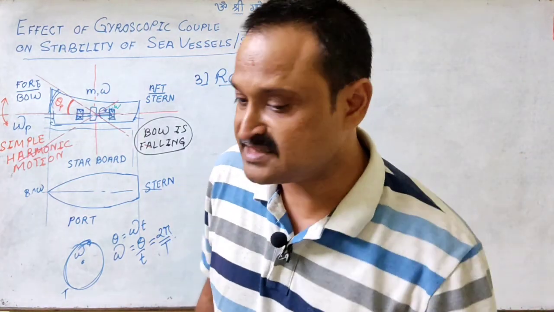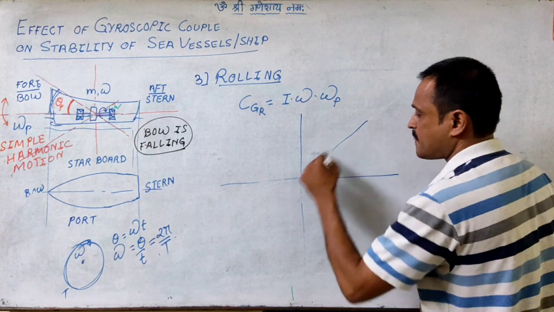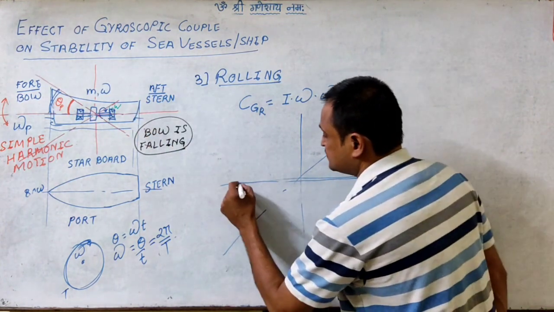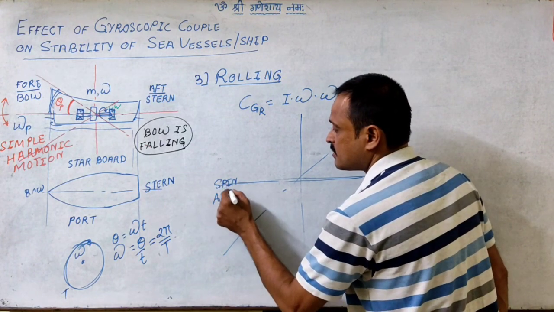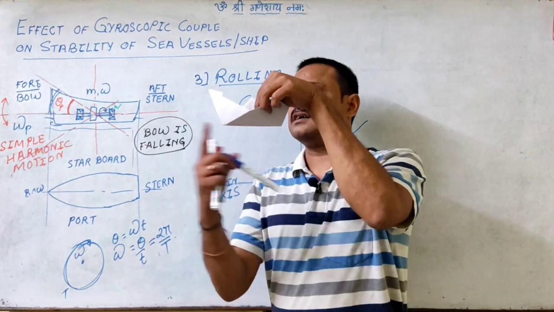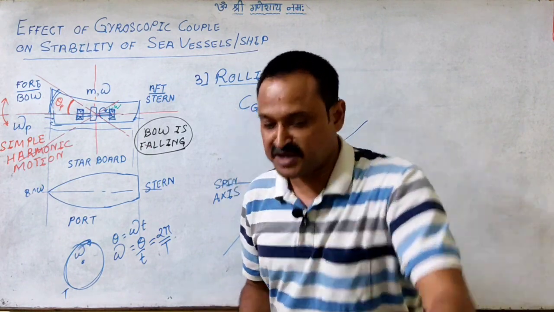But what happens in this rolling case is, in this case the x-axis is the spin axis, right, and the rolling is also taking place about the spin axis only.